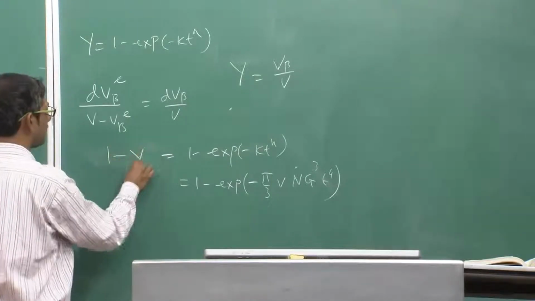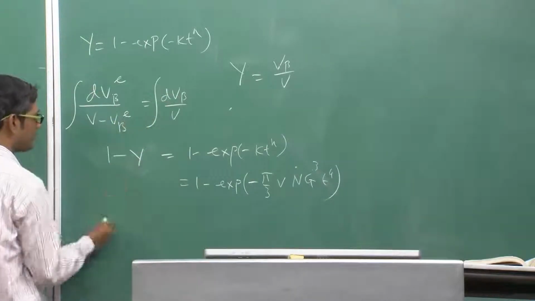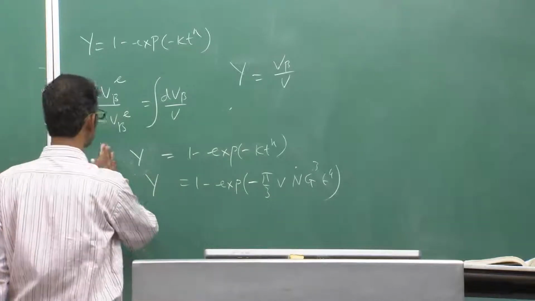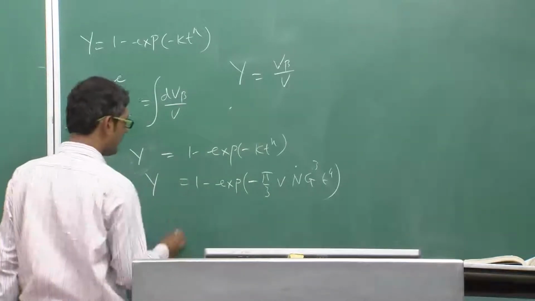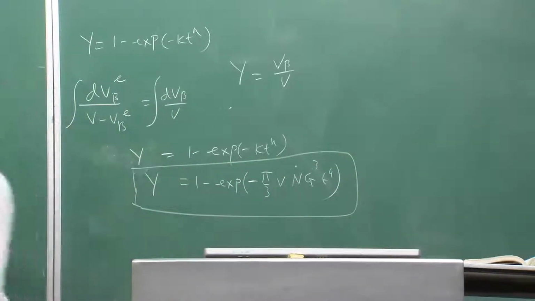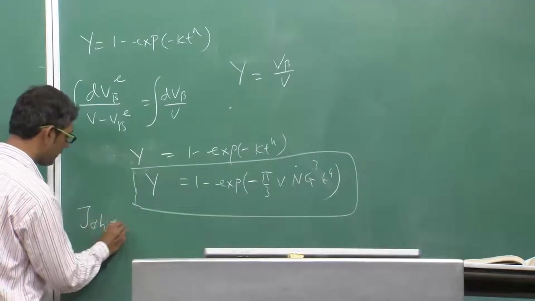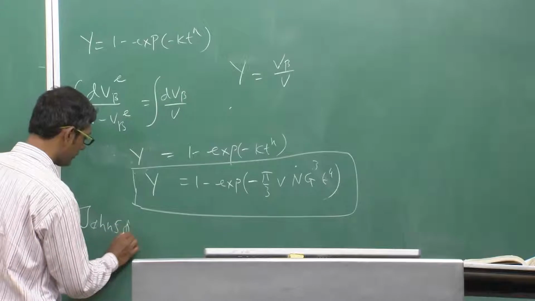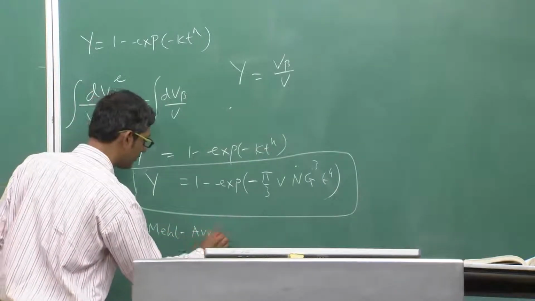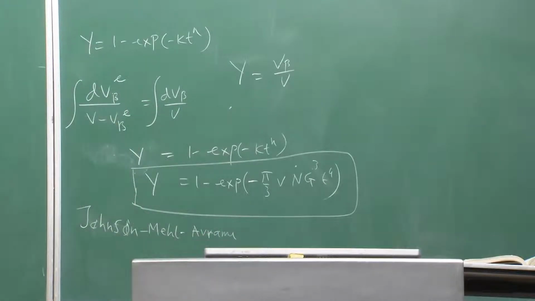This is 1 minus y, the log has gone there. Because we are integrating these things, y becomes this. This particular expression which is derived from this equation is known as the Johnson-Mehl-Avrami equation.